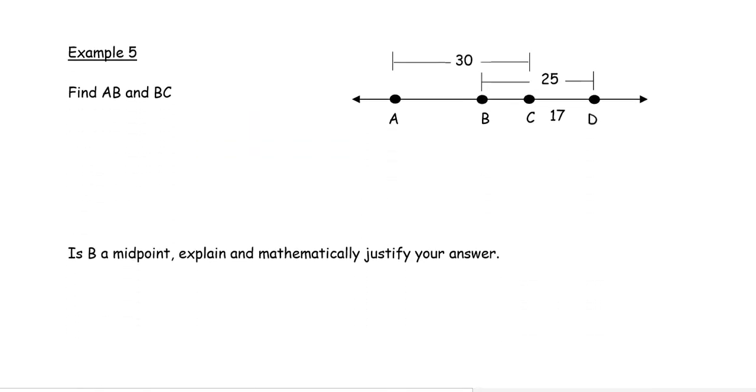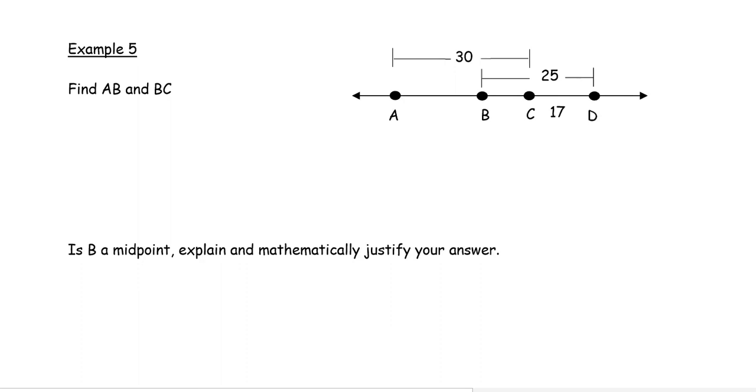Next page, you've got a backside here. Find AB and BC. So we've got a little bit more of a complicated diagram, like the very first example from the video today. I want to find AB and I want to find BC. In example 1, you could have solved for either missing piece first.